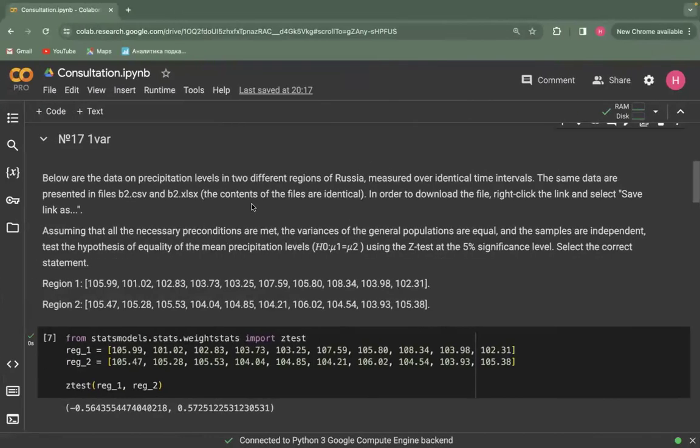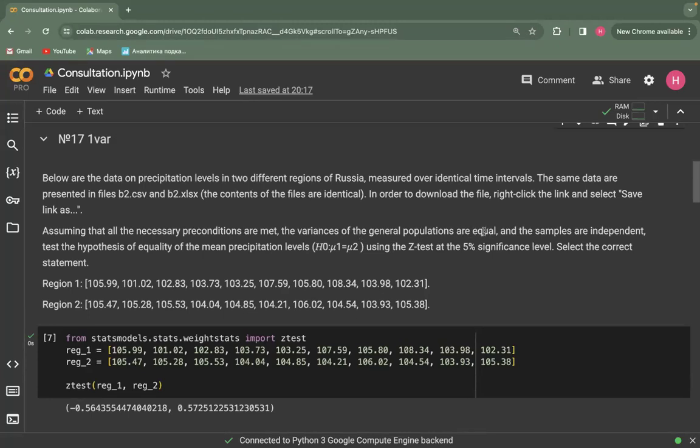In this exercise, we will have to perform a test. In this variant, we have that test, but in the other variant, we have a different test. So here we have two regions, first region and second region. The task in this exercise is: assuming that all necessary conditions are met, the variances of the general populations are equal.